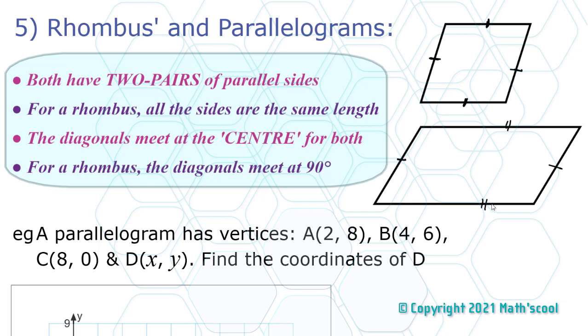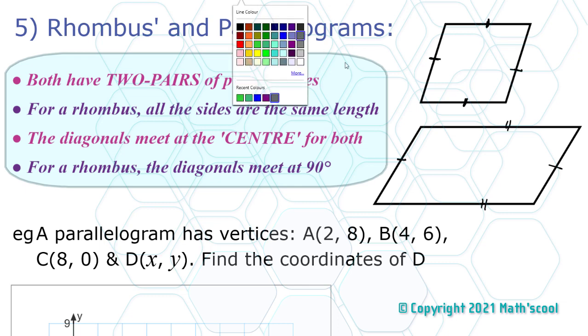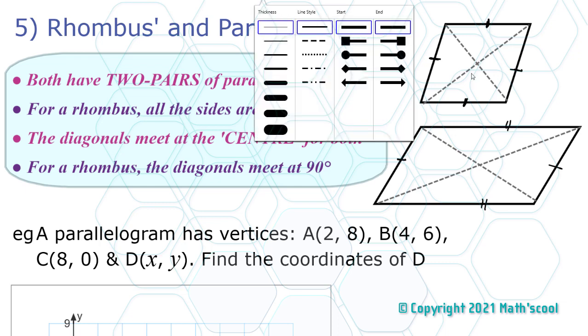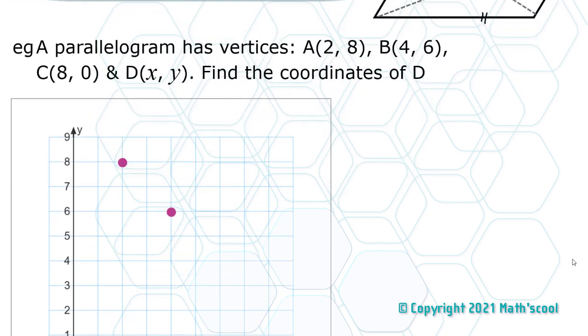The diagonals mark the center. But what is more interesting is that the diagonals of a rhombus meet at 90 degrees. They don't on a parallelogram, but they do on a rhombus. So that can be useful sometimes.